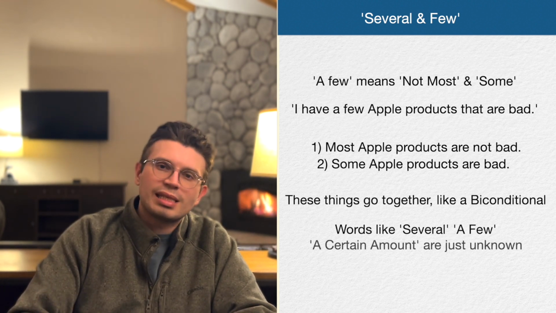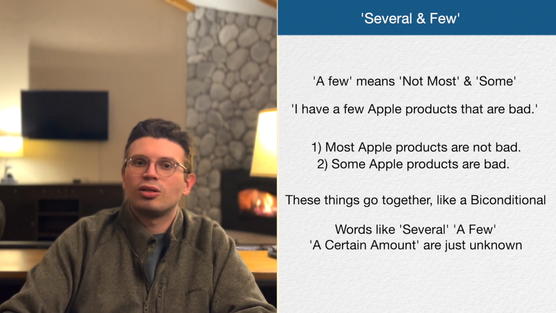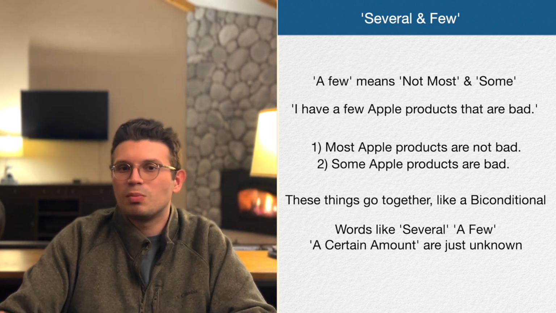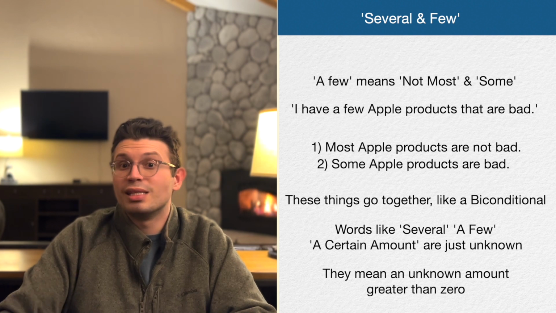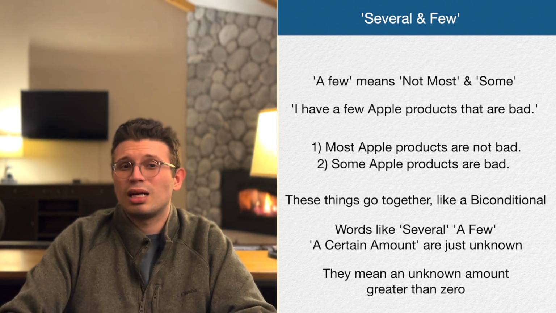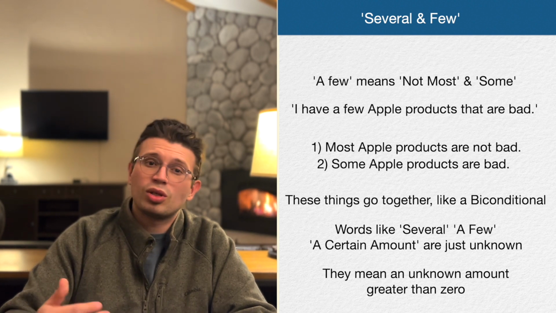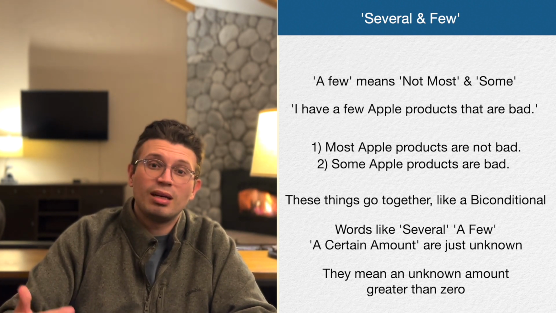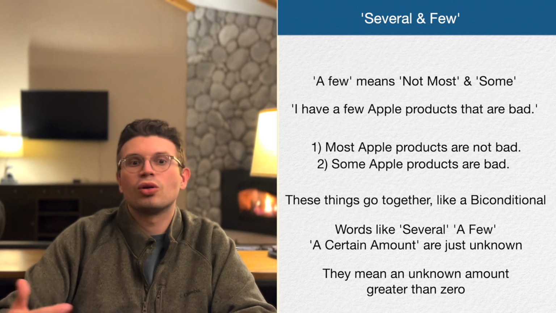So words like several, a few, a certain amount are just unknown. They're the most ambiguous because they just mean an unknown amount greater than 0. Be especially careful with these. I've definitely spent some serious time breaking down stimuli where students were tripped up trying to apply some definite amount to words like few or a certain amount, okay?